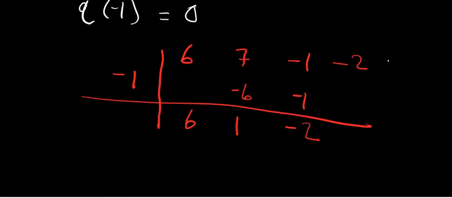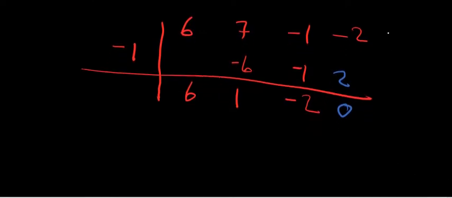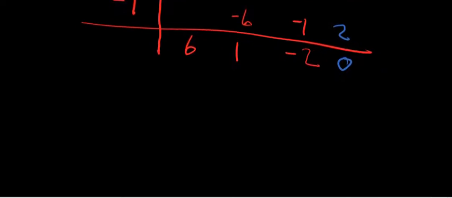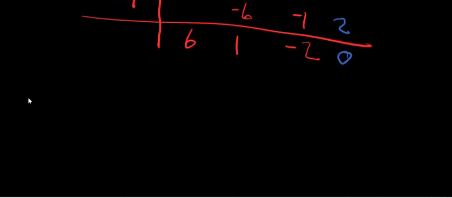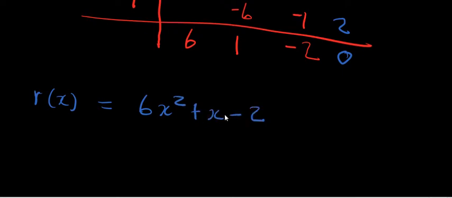So this guy will be my reference point there, 2, which is giving me a 0. That means that my zero root is okay. So from here, guys, now my polynomial, which I can say r of x, is simply equal to 6x squared plus x minus 2.